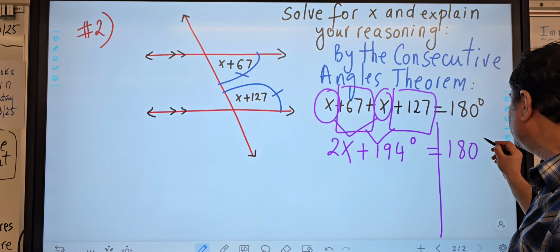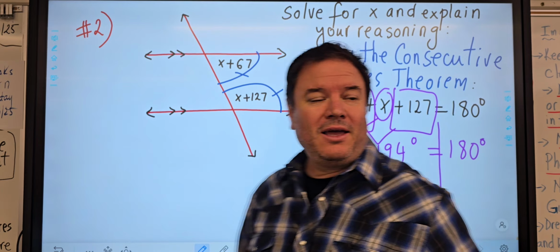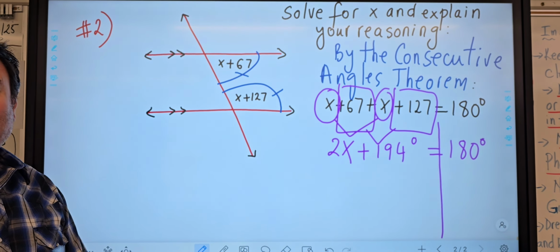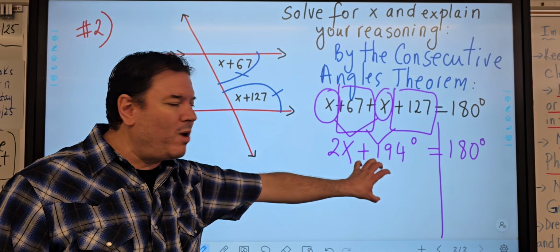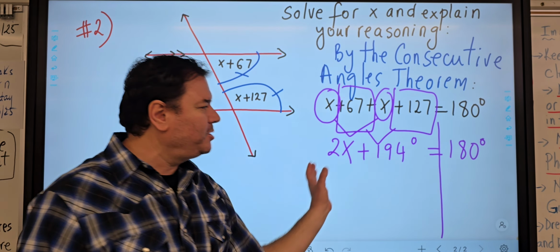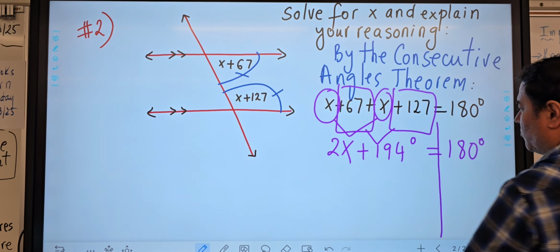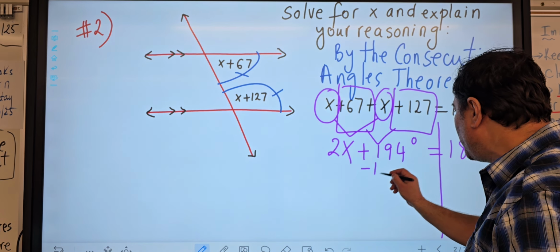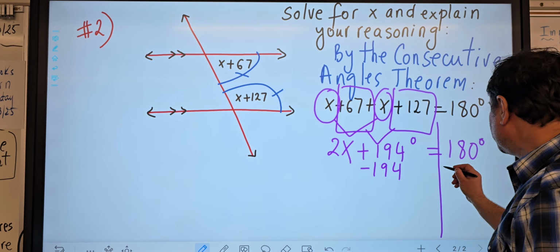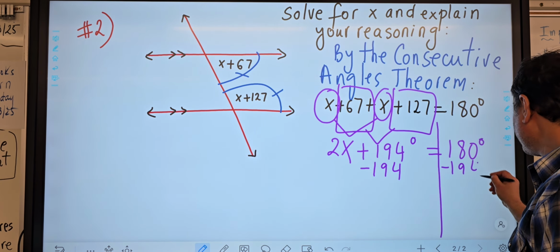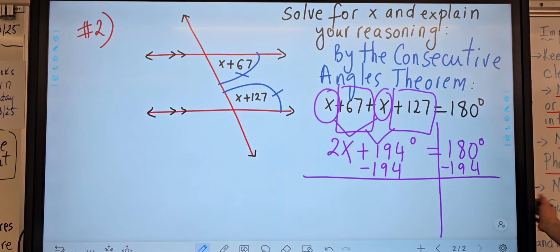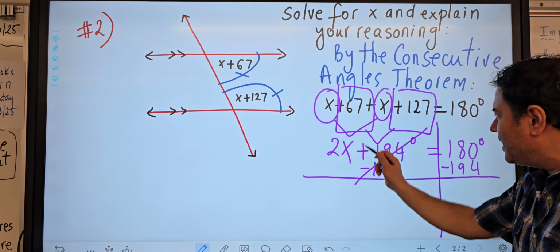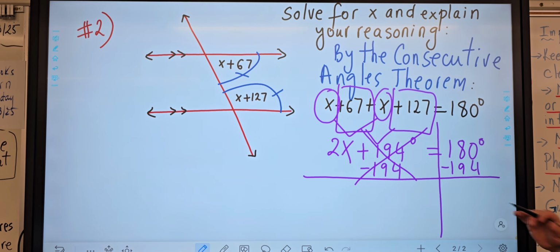Okay, let's put here all the degrees. Now we just have a two-step equation, and of course we are going to subtract 194 on both sides. Let's bring the numbers on this side of the equation. If we subtract 194 on both sides, 194 and negative 194 cancel.